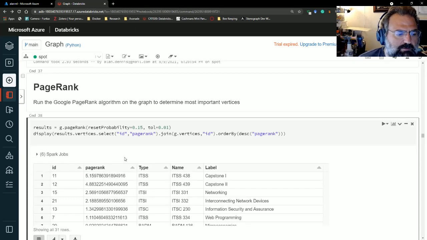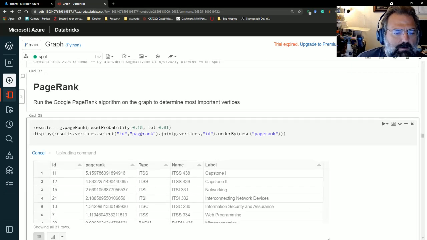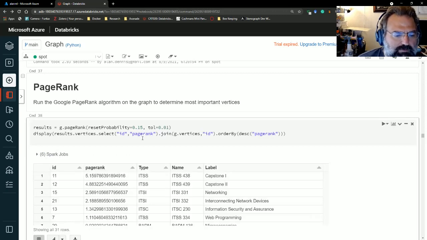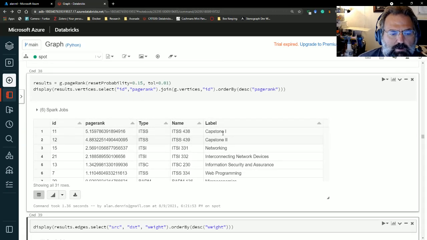In this case, you can see that when we apply PageRank, not surprisingly, Capstone 1 is really important because a lot of things point at it, and it has a lot of things pointing at those in turn. Capstone 2 is the second most important thing, primarily because Capstone 1 points at it. So you can basically see how it works. PageRank is an iterative process. It runs until you reach either a tolerance, or you exhaust the number of iterations that you're going to let it run.